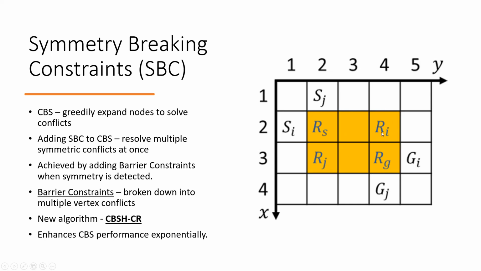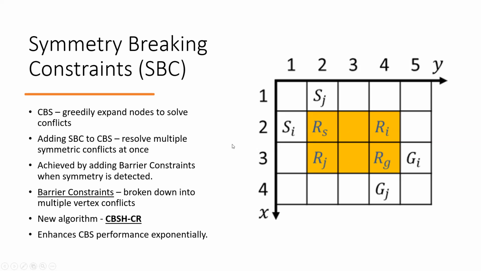The authors in the symmetry breaking research paper have proved that whenever CBS adds a conflict and resolves it, it has to resolve each and every conflict present inside this rectangle. So CBS expands 6 nodes to solve this example problem. What symmetry breaking constraints do is add a kind of barrier constraint for each agent so as to solve these conflicts in one go.